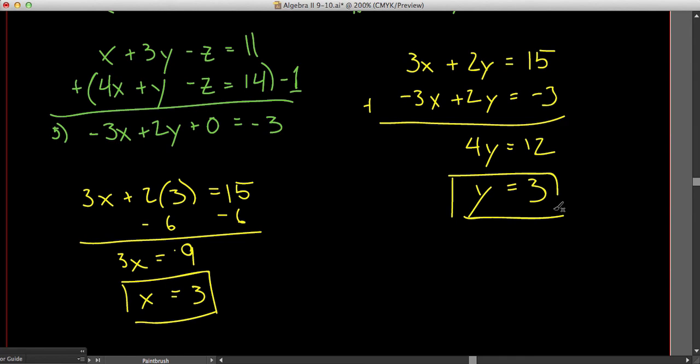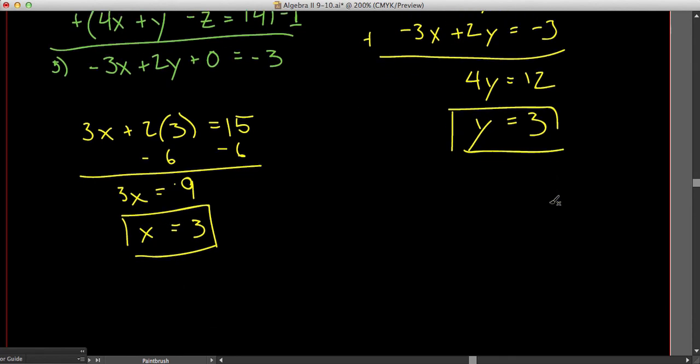So we can actually go back to any of the equations that we have that have a z in it, plug in x, plug in y, and then solve for z. So if we were going to do that, we could take the 2x minus y plus z expression equals 4, our equation.